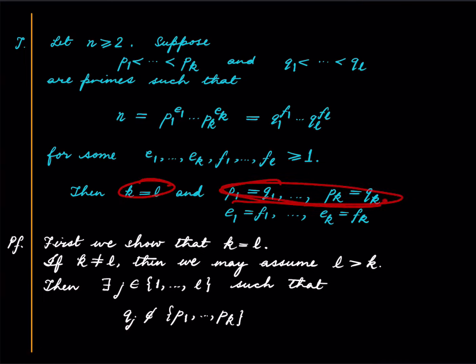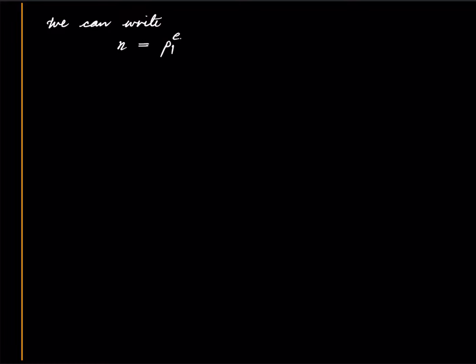We have shown this, we have shown that, and now the last part is also very, very similar. So what we can do is write that n equals p1 to the e1 dot dot dot pk to the ek equals q1 to the f1 dot dot dot qk to the fk, because we have shown k equals L. So now again, suppose fk exceeds strictly ek, and we'll get a contradiction.